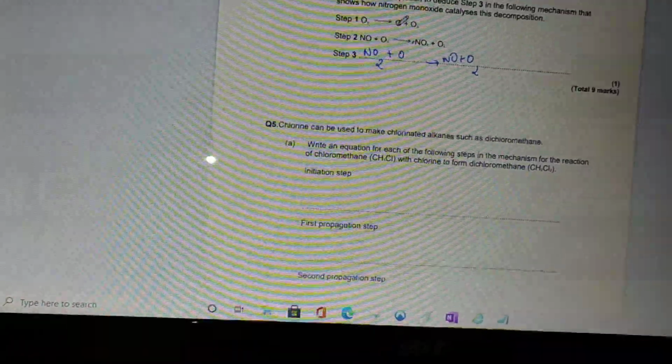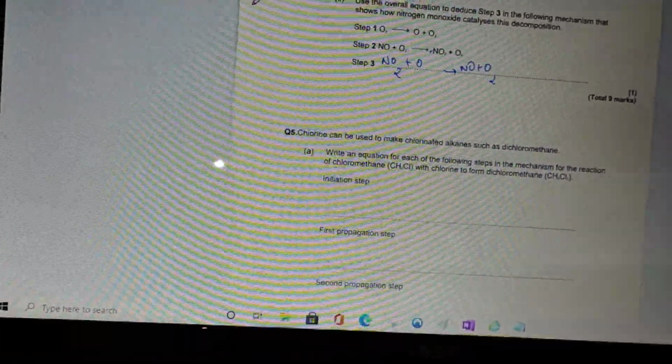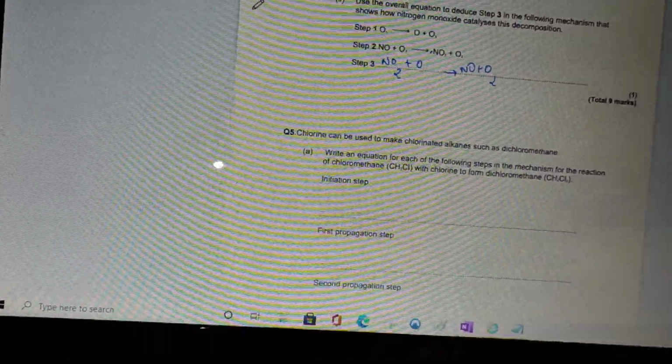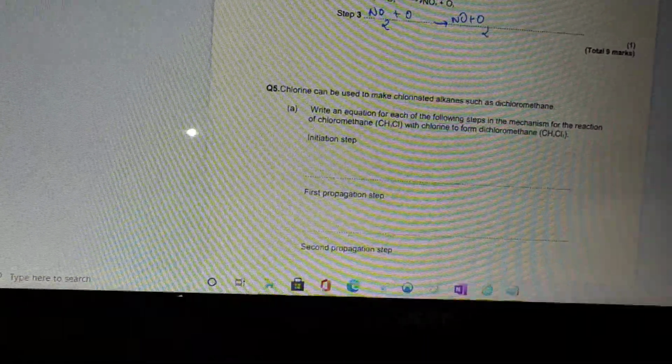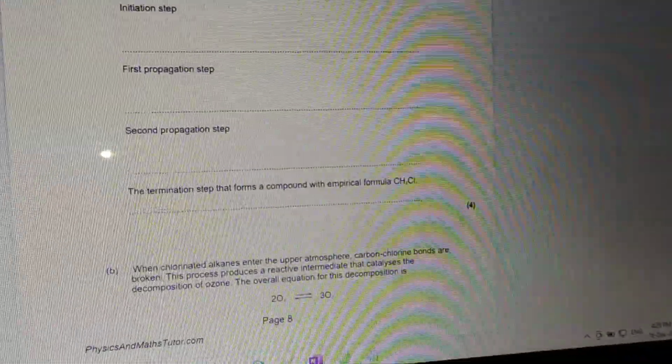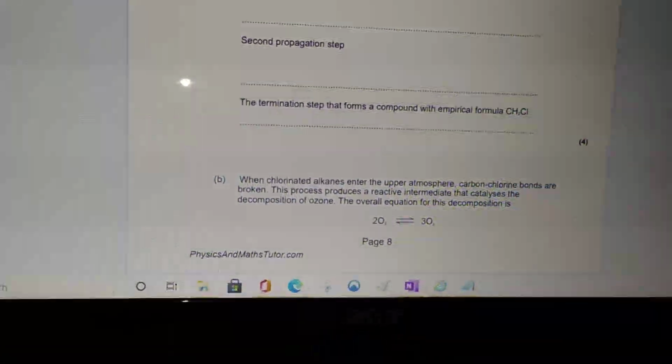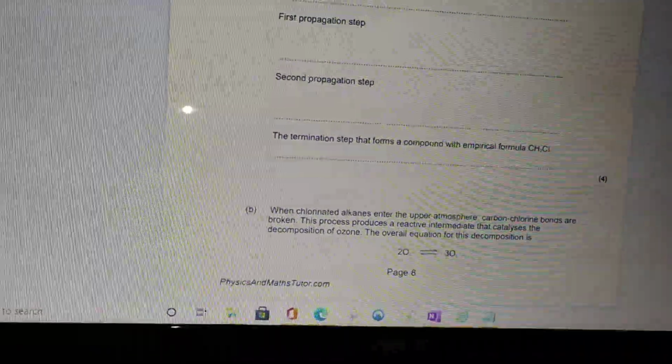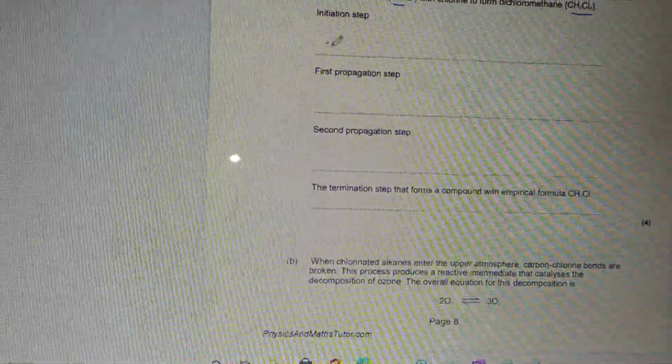This is a bit of a hard one, but if you were to follow it through, you would get it. Basically, it's just the same as all the reactions which we've been doing. Again, you've got one of your favorite ones that they've asked you to write about, the initiation steps, so we'll quickly go through this.